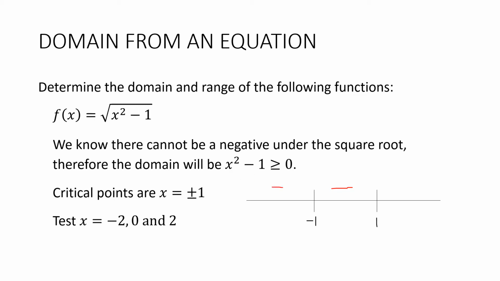It's positive. And then finally, let's test 2. 2 squared is 4, take 1 is 3. 3 is also positive. All right, looking at my equation here, I want when this thing is positive, so that's here and here. Let's write the domain. X is less than or equal to negative 1, or X is greater than or equal to 1.